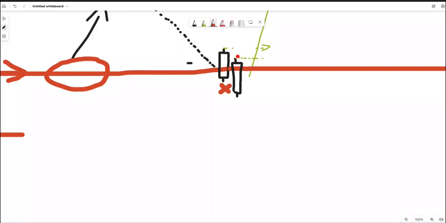So at every 1 hour close or 4 hour close, you are literally placing a buy stop above those with a breakout, basically.